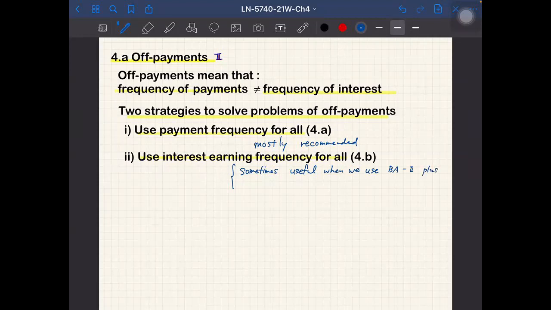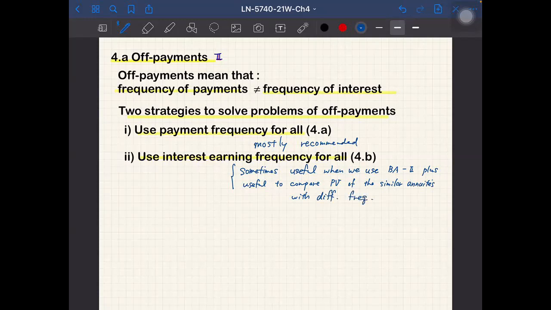And it's useful to compare the present value or accumulated value of similar annuities with different frequencies.